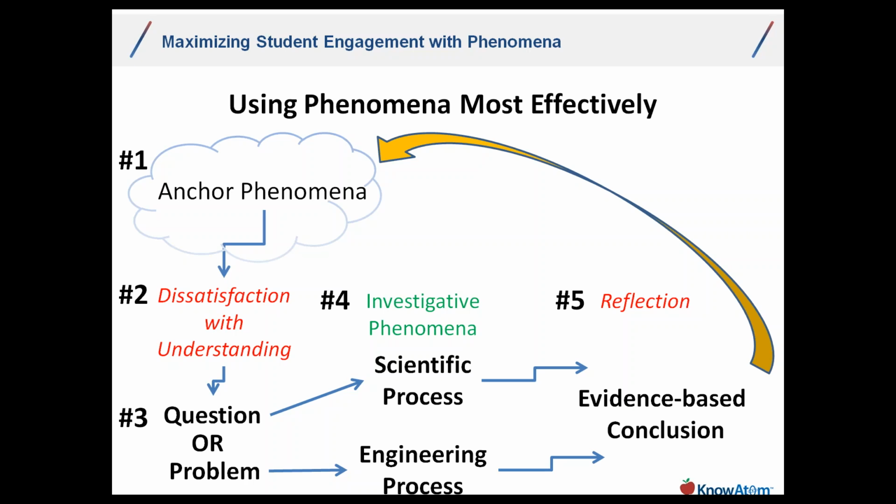And we came up with that problem or question. And then we were able to gather evidence around what we thought may be the answer or solution in that prototype. And then as a result of the data we gathered, we now know more about it, which helps us know more about how that problem could be solved in the anchor phenomena, or how the question about the phenomena could be answered.